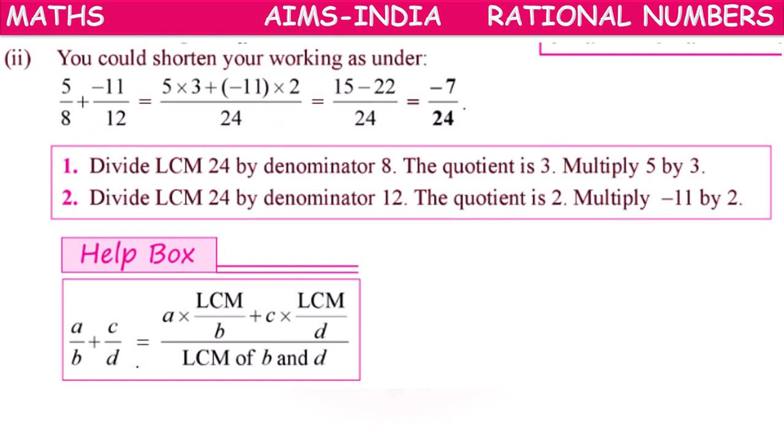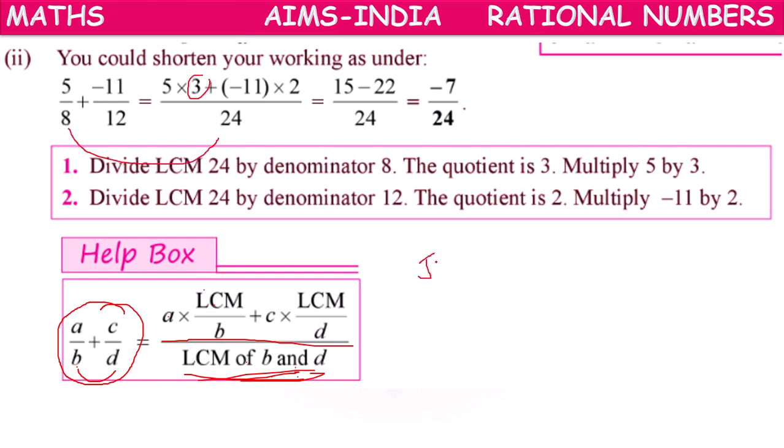Or there is a shortcut for this. So a by b plus c by d is there. While doing addition, in the denominator place we have to write the LCM of b and d. In the numerator part, a into the quotient of this LCM and b, because 8 times 3 is 24, this 3.